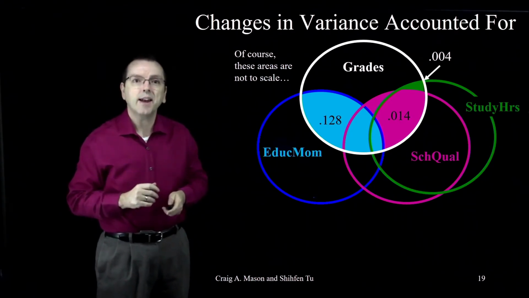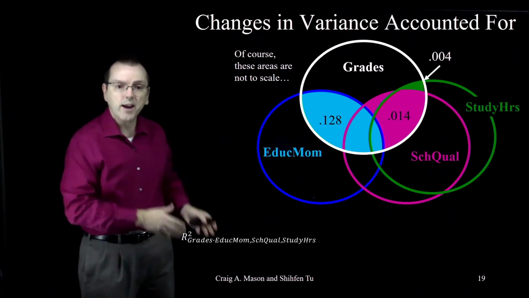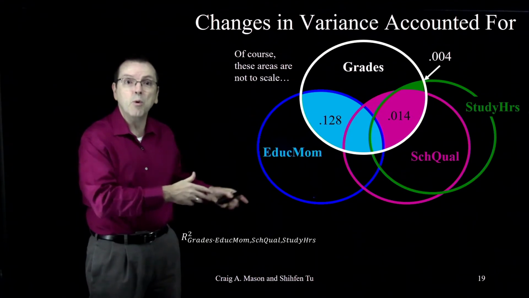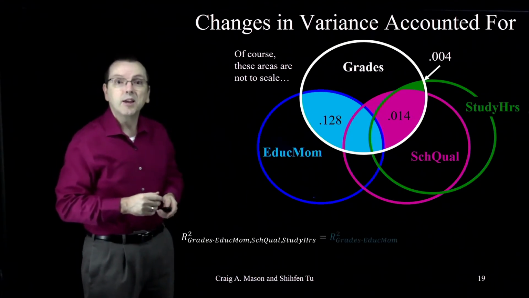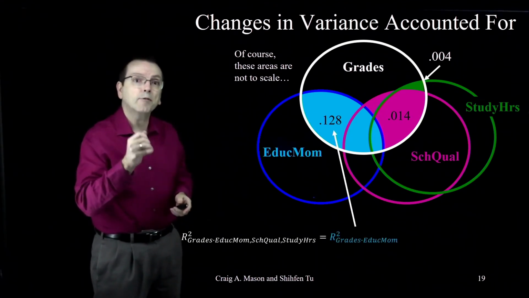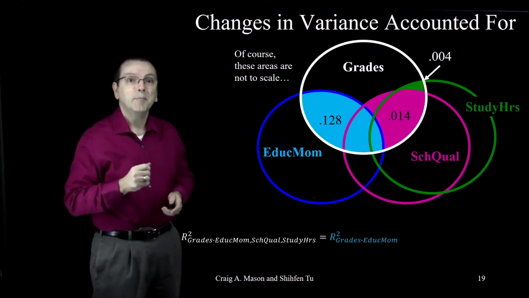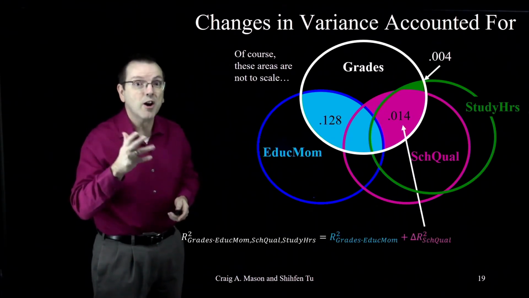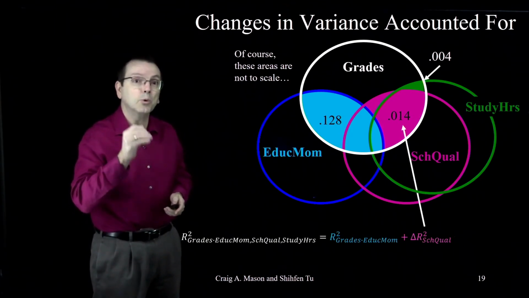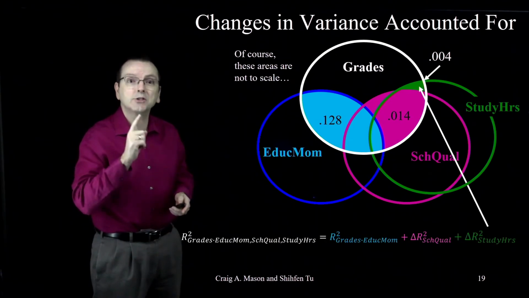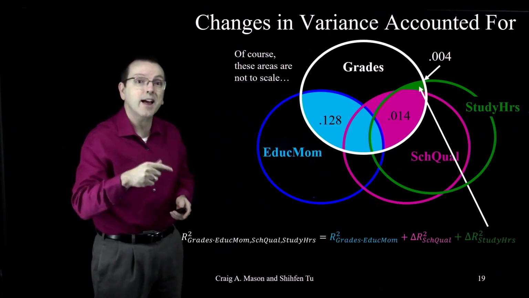Mathematically, we can see that as the R squared for grades predicted based on mother's education, school quality, and study hours equals the R squared for grades based only on mother's education plus the change in R squared when we added school quality plus the change in R squared when we added study hours.